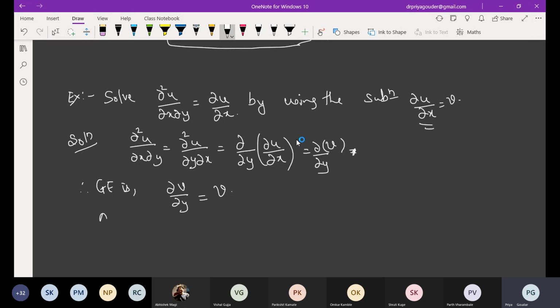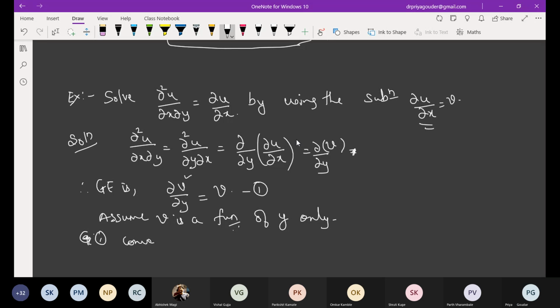So what is the next step? Assume that this dependent variable v is a function of what? Of y only. If it is a function of only y, then the given PDE, equation 1, converts to an ODE.